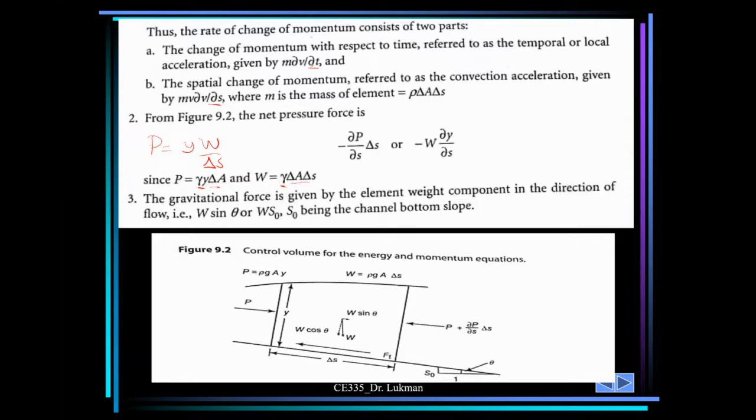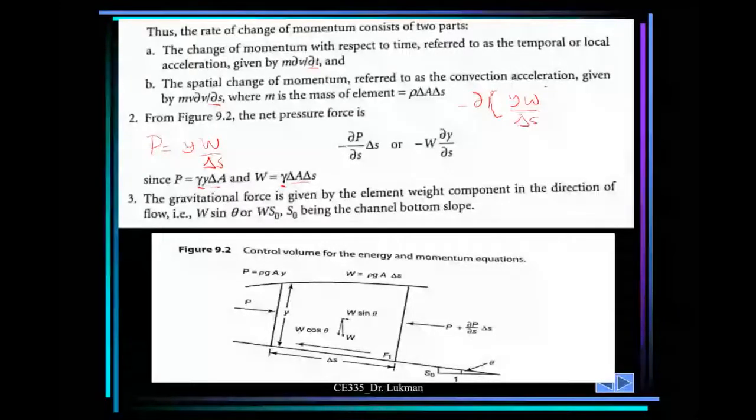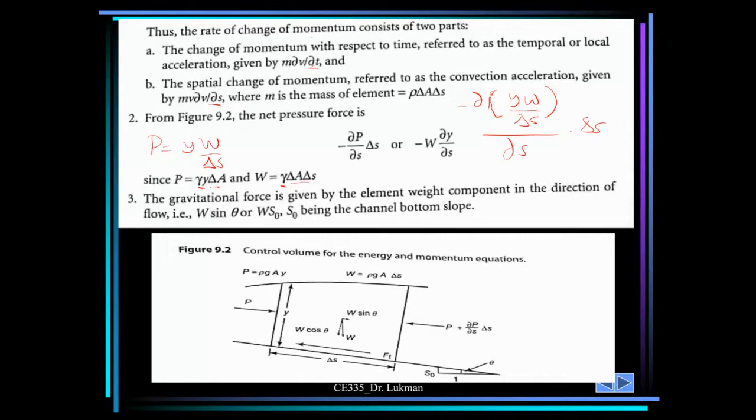Let me do it this way. P now is y W delta S over delta S times delta S, isn't it? So the only variable here is y. So this will come out and cancel that.